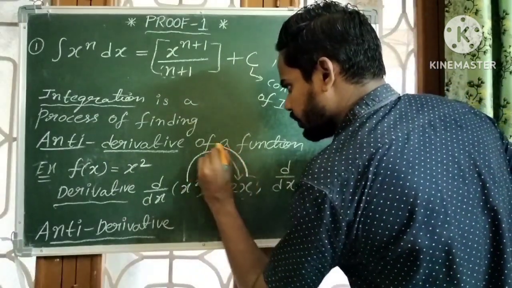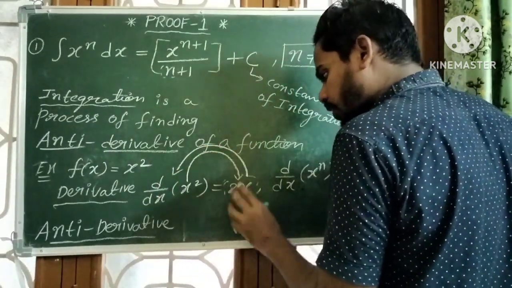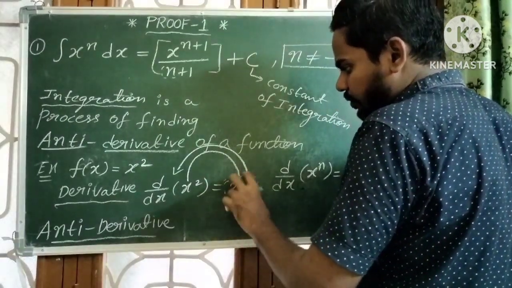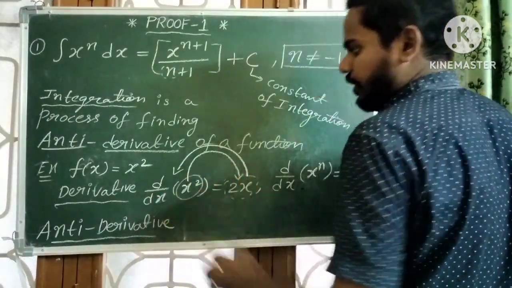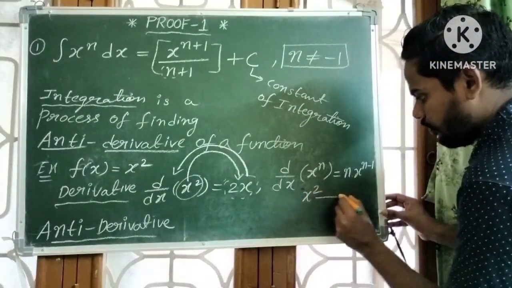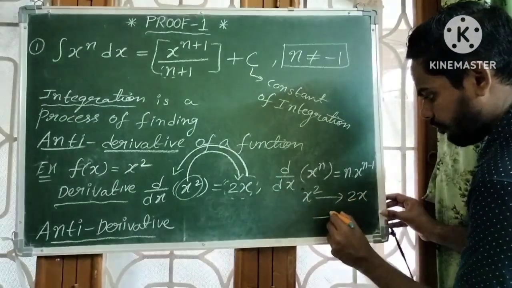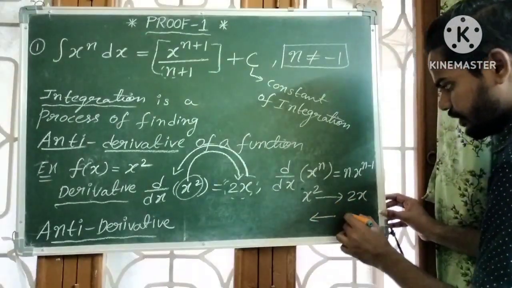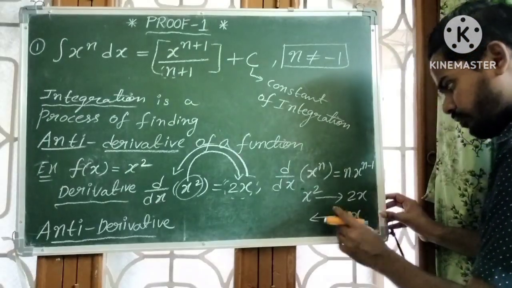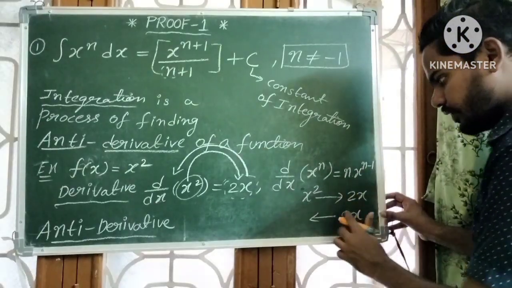Antiderivative means reverse process. So what is now the integration of 2x? The antiderivative of 2x will be x square. So from derivatives, the derivative of x square is 2x. Now antiderivative means reverse process. This is the original function, this is the new function. From the new function, using antiderivative or integration, we will get x square.